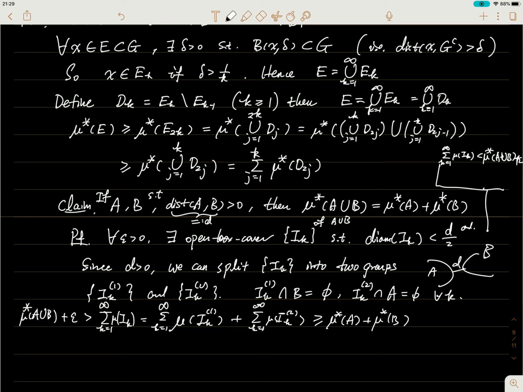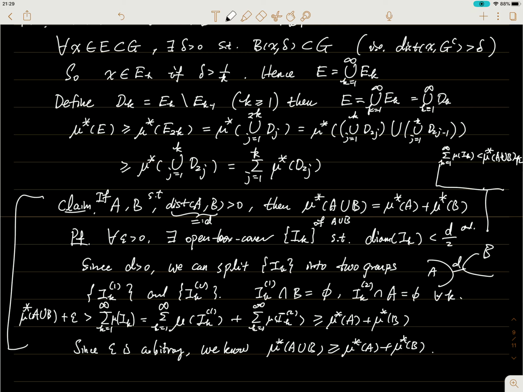Okay, and since this epsilon is arbitrary, we know that the mu star of A union B is greater than or equal to the mu star of A plus the mu star of B. Okay, so that's the claim I just made.